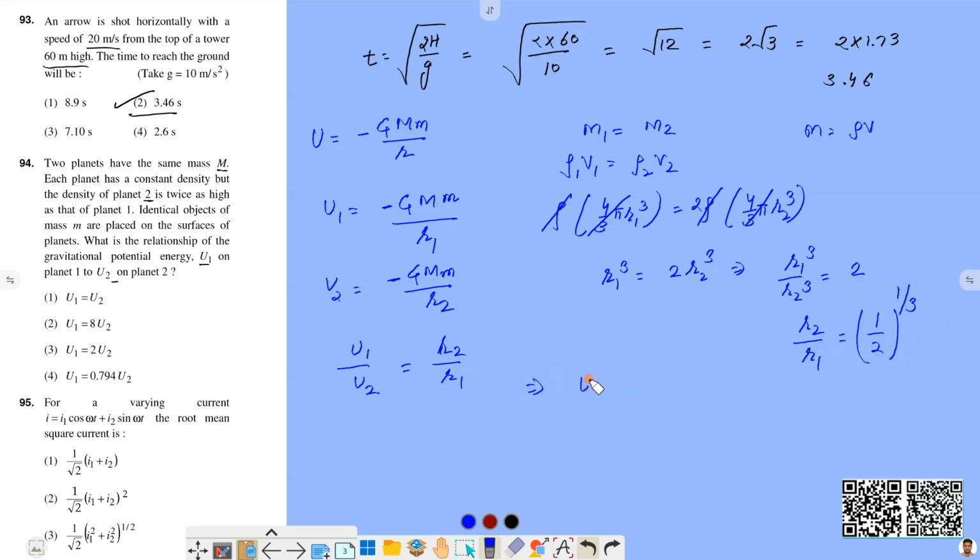So from this further, we can write that U1 by U2 is equal to cube root of 1 by 2. Now we know if we had under root of 2, that would be 1.41. So this will be 1 by 1.41. So if we write the relation, then it will be U1 is equal to U2 divided by 2 raised to power 1 by 3.